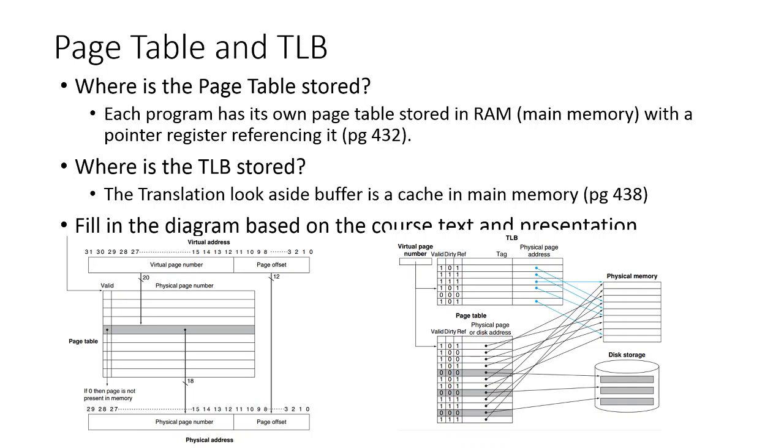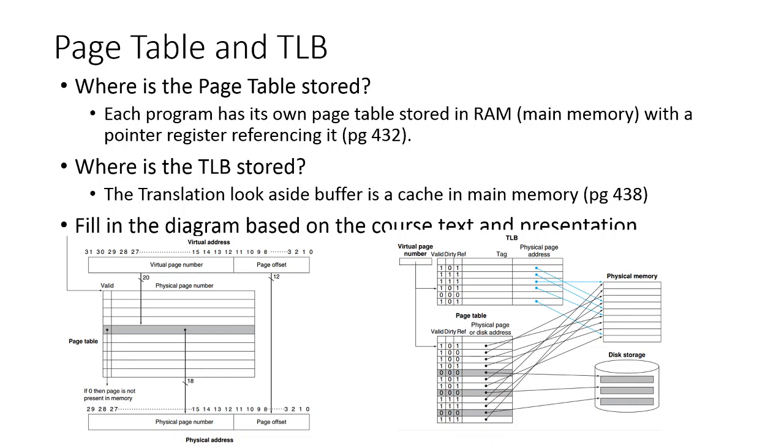And then once we find it, we actually have to load that from RAM into cache. So again, this is the intermediary: main memory, RAM, in between cache and disk. So that's where this page table is existing in RAM.